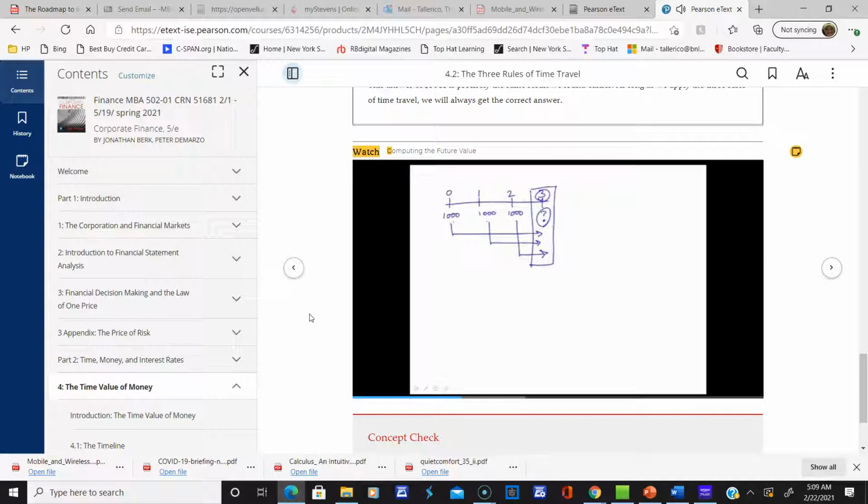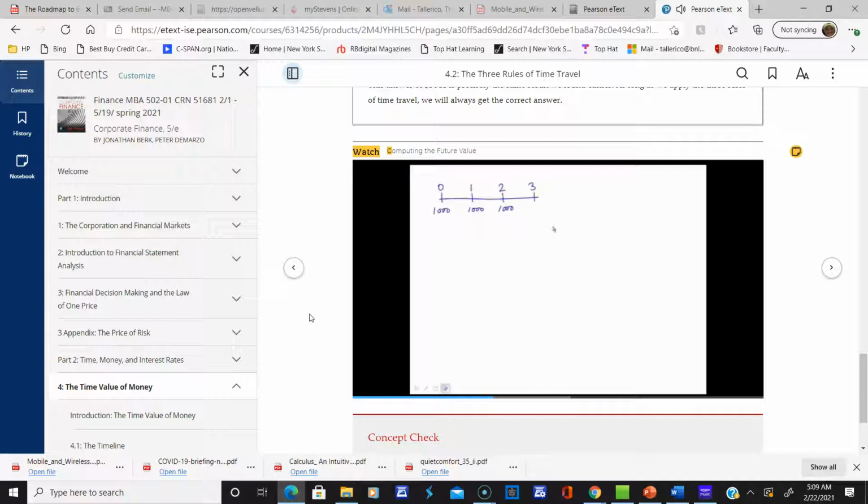What we want to show in this example is that there are other ways to answer the same problem as long as you apply the rules consistently. So if we go back to our cash flows, $1,000 now, $1,000 in a year, $1,000 in 2 years, again, we can't add these together because they occur at different points in time.